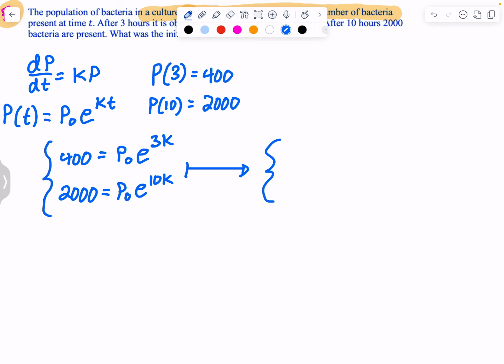We can set them both to the same variable, 400e to the negative 3k equals P naught. And I know a second ago I said P naught's not a variable. It's a parameter, but if I set up a system with just k and P naught, then P naught becomes a variable. In our problem, it's a parameter, it's a population. But in this little bit we're doing right now, it's considered a variable. All right, so since those two things are equal to P naught, I can set them equal to each other.